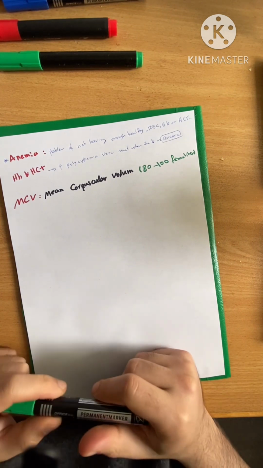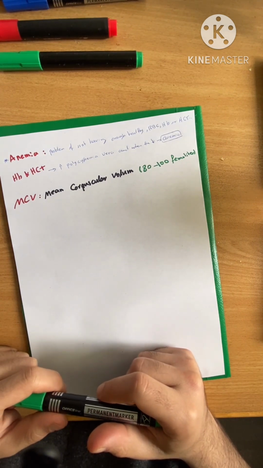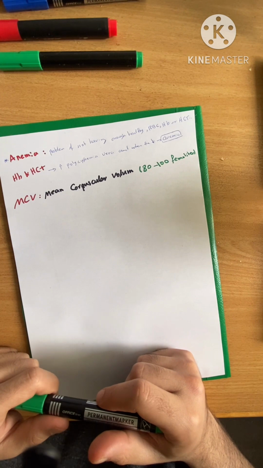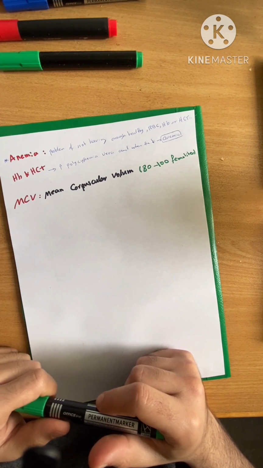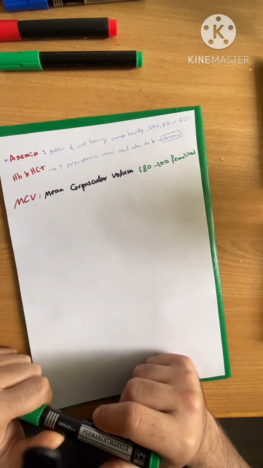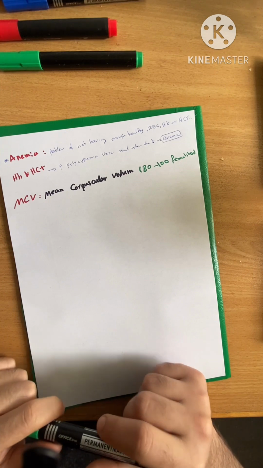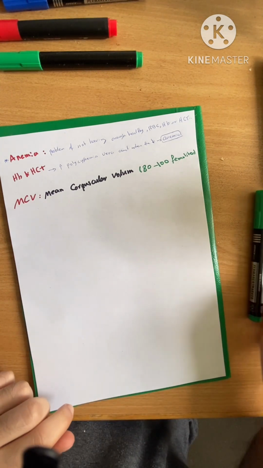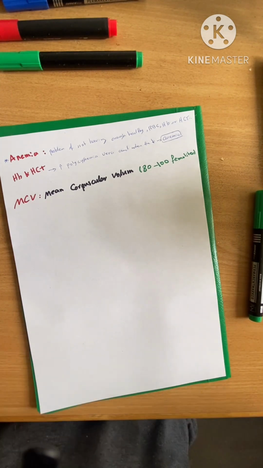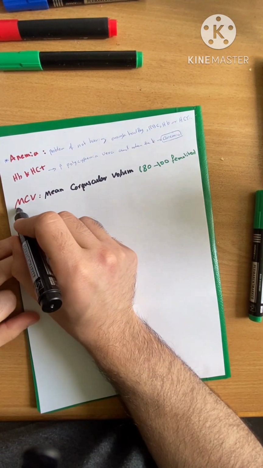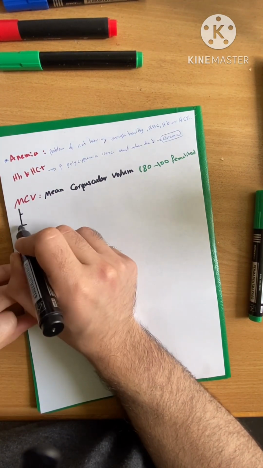With MCV, we can find the severity of anemia. We can differentiate between types of anemias due to it. It will be divided into 3 cases of MCV.